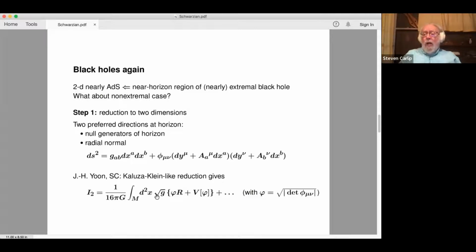So that was background. What I'm going to focus on for the rest of this talk is one particular small question within this context, which has to do with getting back to the relationship with black holes.